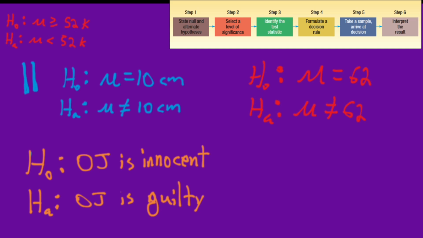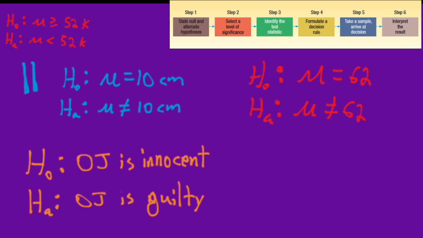So we're going to give it the benefit of the doubt in some sense. And that's why it might be helpful to think about this in terms of criminal justice. We give the benefit of the doubt to the statement that the person is innocent, and then we test those claims given the evidence.